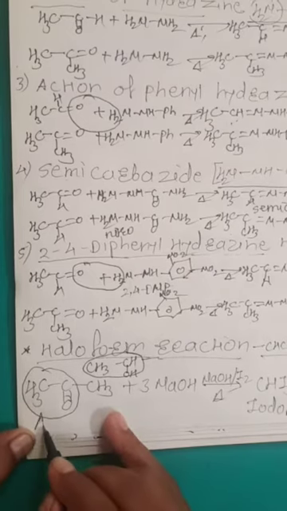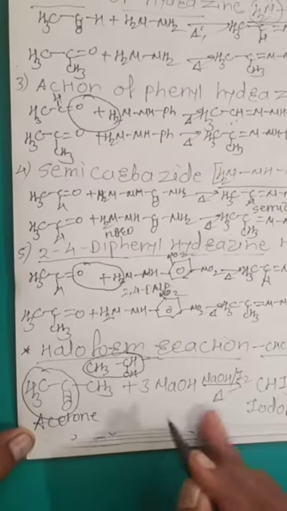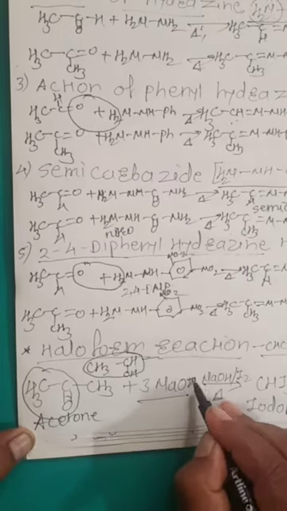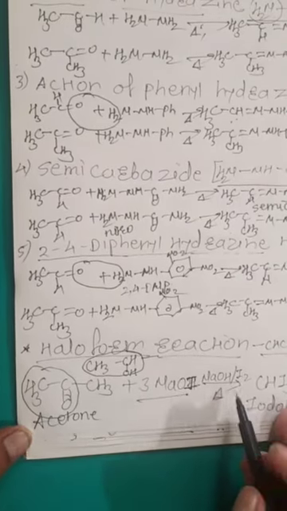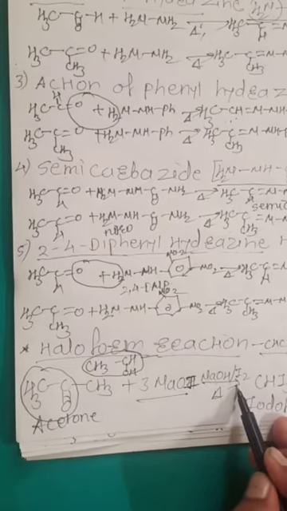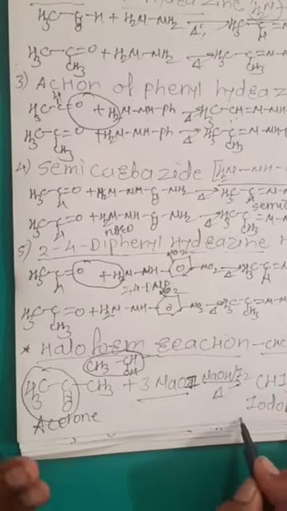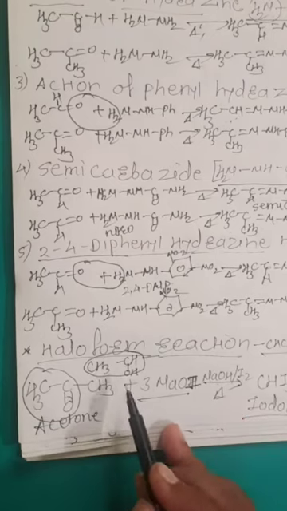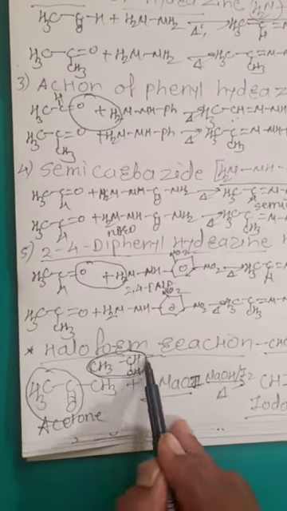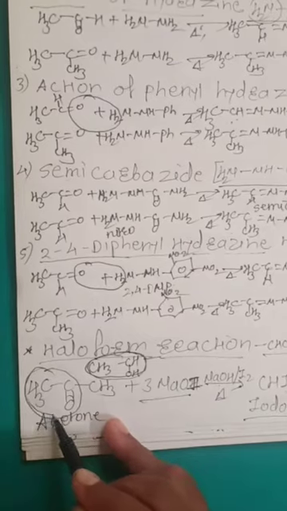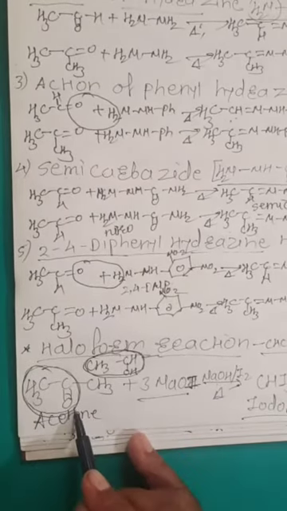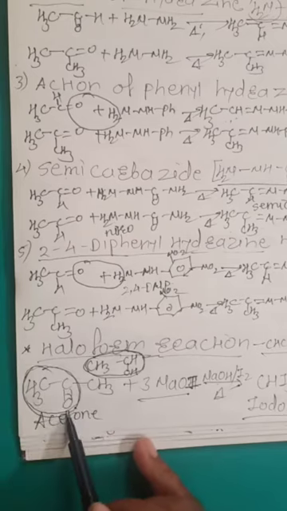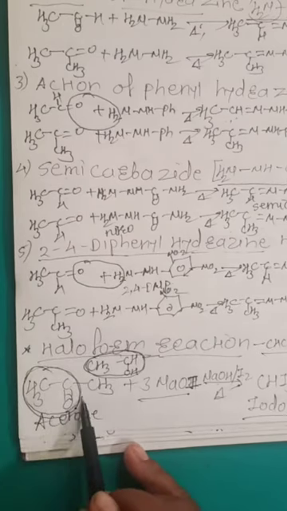For example, if acetone is treated with NaOI in presence of NaOH and I2, we get iodoform. So there may be a question for 1 mark: which of the following shows iodoform test? So you remember CH3CHOH group and CH3CO group. If such group is present, or we can say methyl ketone, means methyl group should be present, then we get corresponding product.